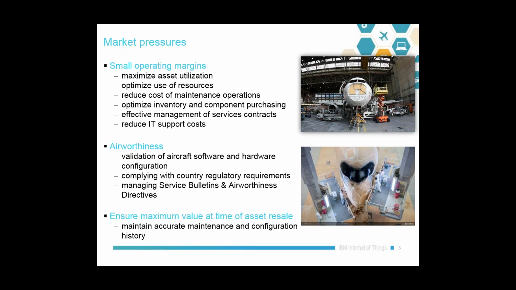Clearly, a lot of the inventory for maintaining this equipment is extremely expensive, so anything to optimize inventory and component purchasing, or sharing of pooled assets, is of value to improve margins. And also, in many cases, there are a number of third-party contracts for services that need to be managed efficiently. So there are a lot of things that can eat away at your margins, and anything to improve the efficiency of any of those areas is important.